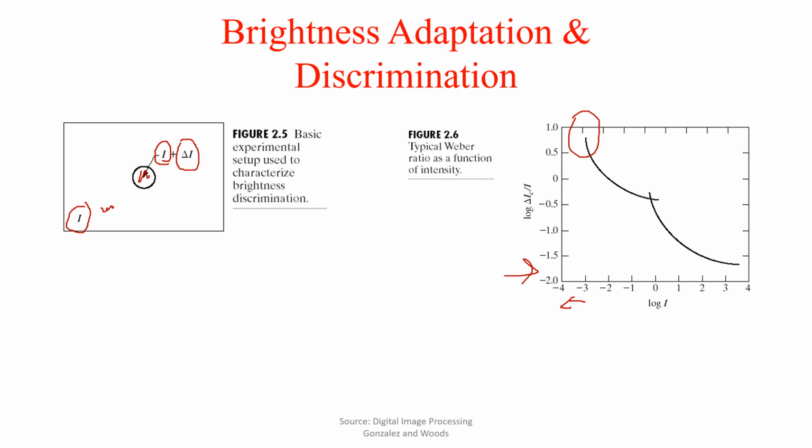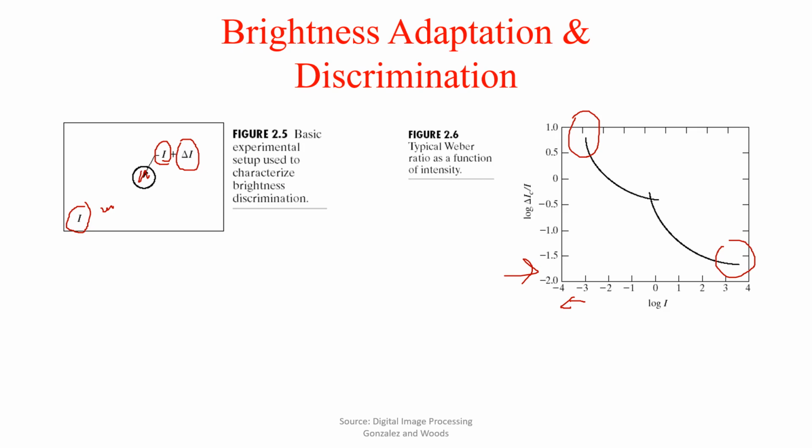Okay, if we are in a high background light, here we don't need so much change. So in short, when we are in a dark room, very small changes in the brightness will not be perceived. We need wider change in brightness to perceive. On the other hand, if the background is bright, then we do not need so much difference in the brightness to distinguish between different objects.